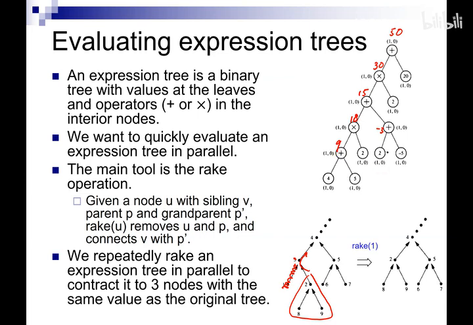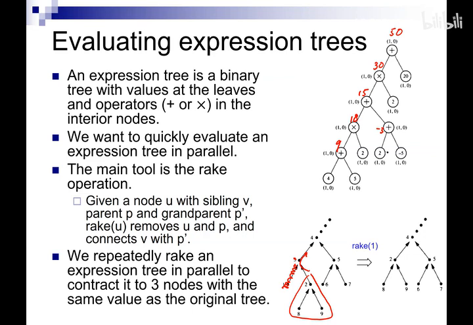Remember that all of these nodes are going to get values if you evaluate them. We keep track of the values as we do the raking process, and then eventually, when we've contracted everything down to 3 nodes, you can simply evaluate that 3-node expression tree, and the value you get back is going to be the same as the original value.